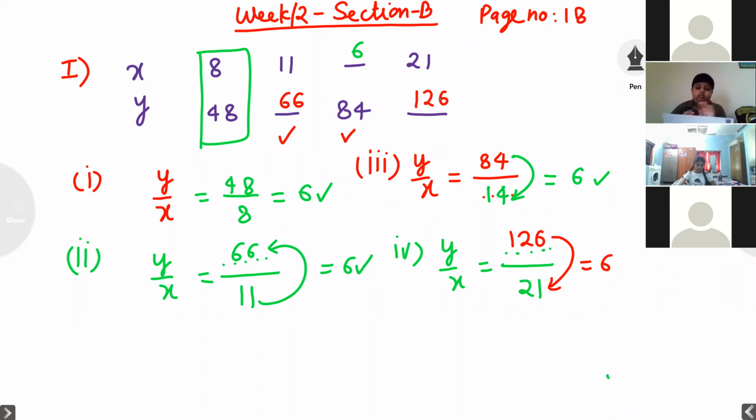Note down all this. Section B, first bit, space is there in the course book.